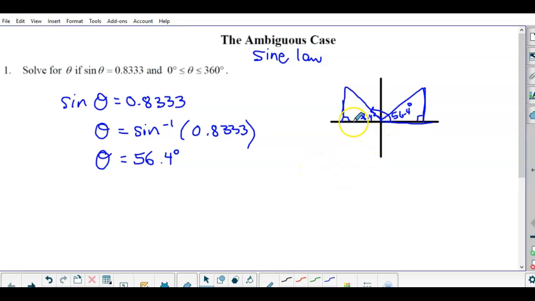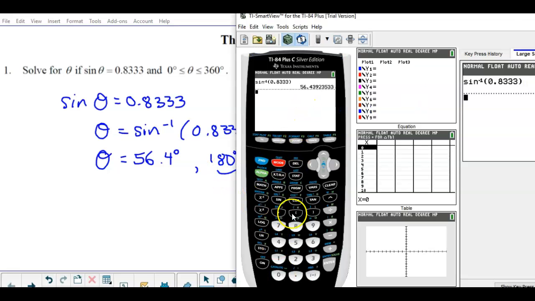When we have a straight line and we subtract 56.4, what is that angle that I've drawn with the arrow there? Well, that would be 180, because that's a straight angle, minus 56.4. If you get your calculator out, that angle's already in there.